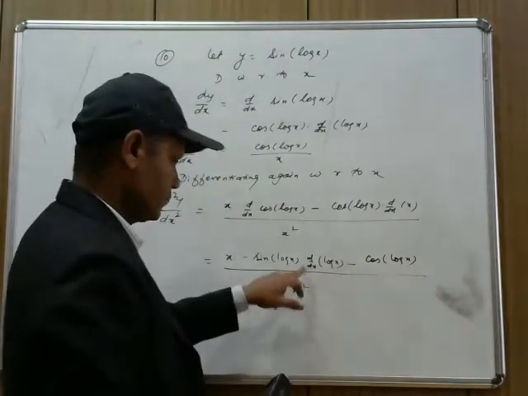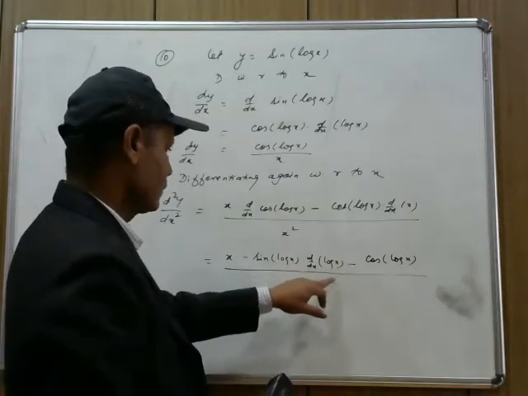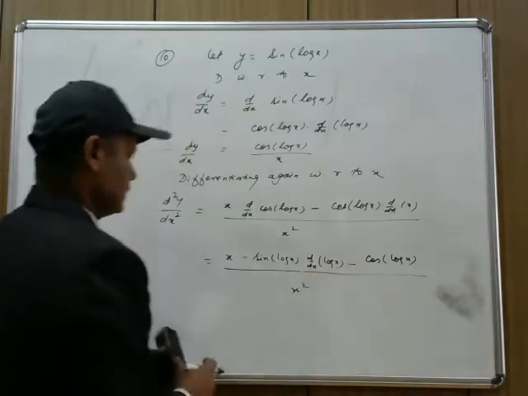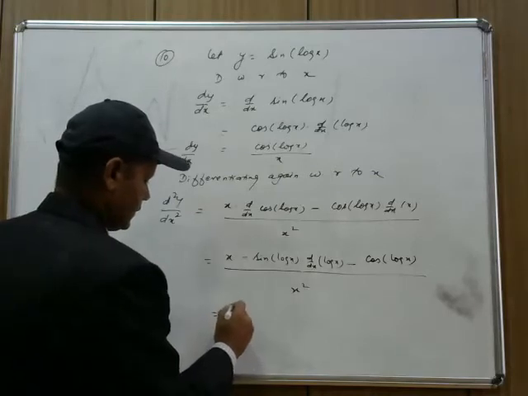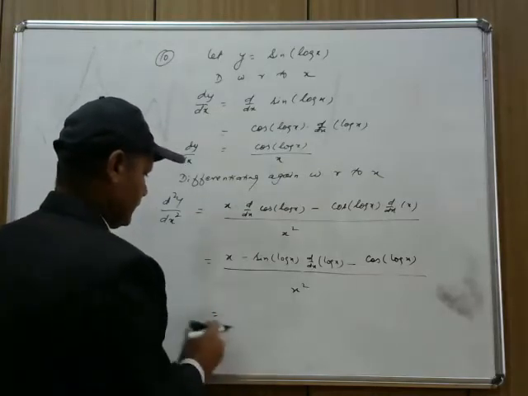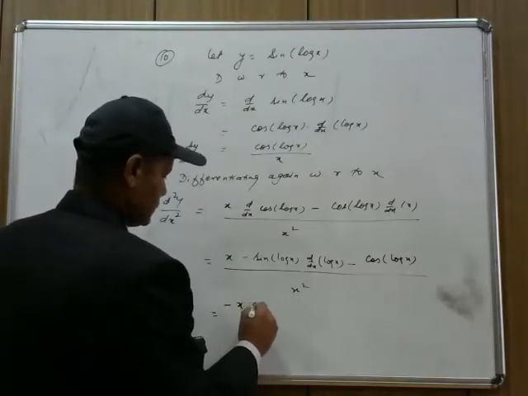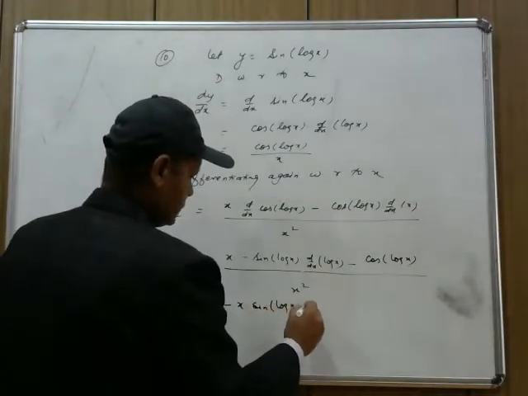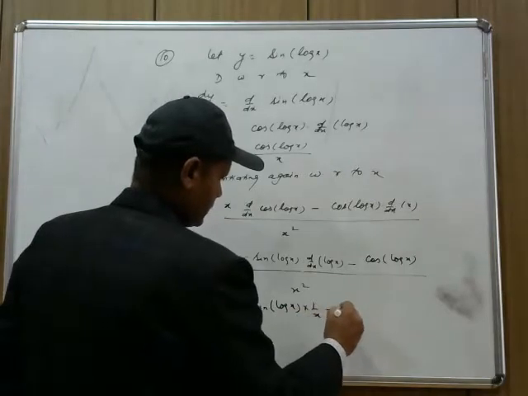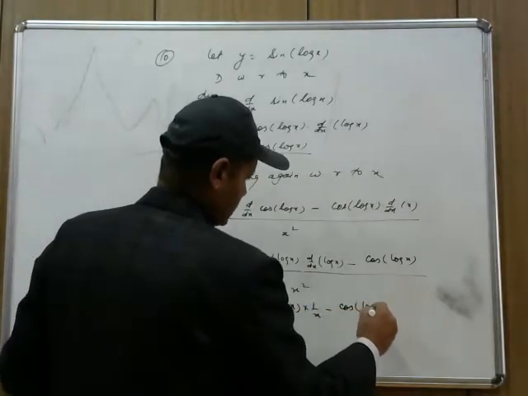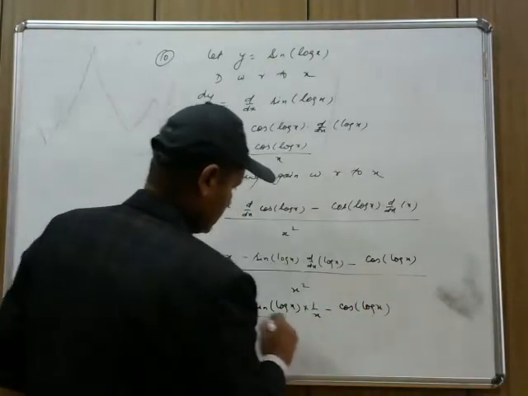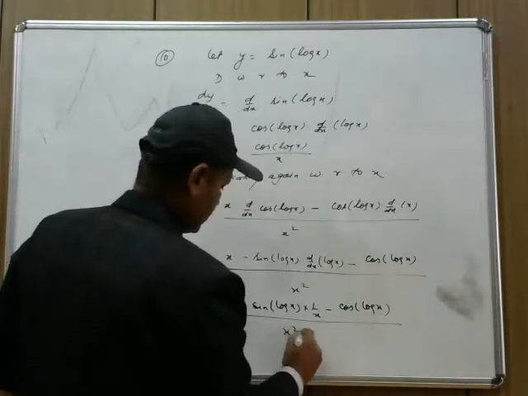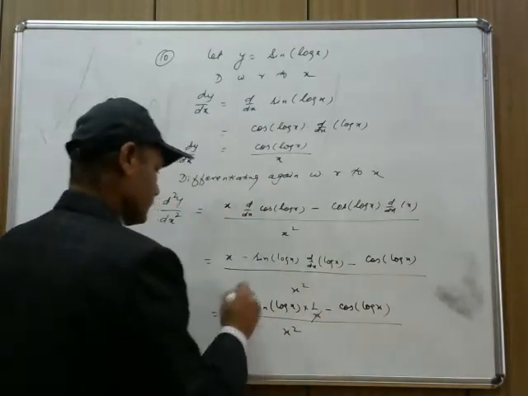Here differentiation of log x will be 1 by x, x and x will be cancelled. That's why I can write now minus x into sin log x into 1 by x minus cos log x, whole divided by x square. This x and this x will be cancelled.